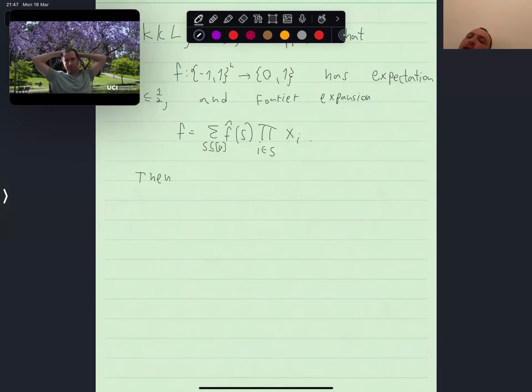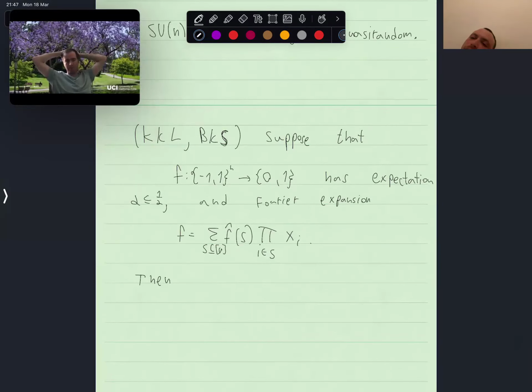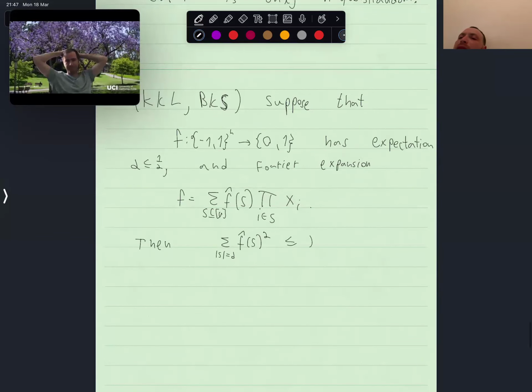Then you can say that most of the Fourier mass of F is concentrated on the high degrees. So the sum of the Fourier coefficients squared over all S of size D is like alpha squared. The trivial bound would be that it's at most the 2 norm of F squared, which is alpha, but it's at most alpha squared up to logarithmic factors.